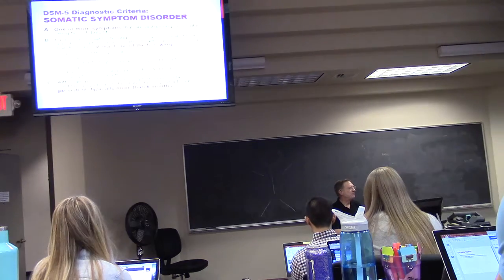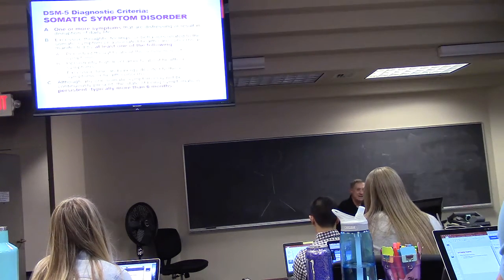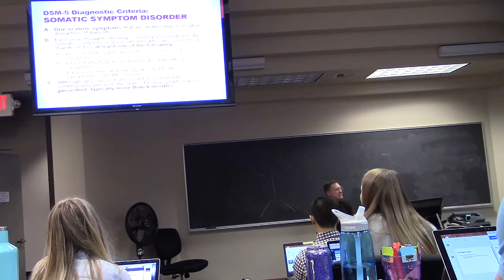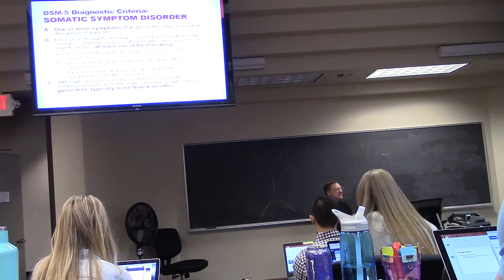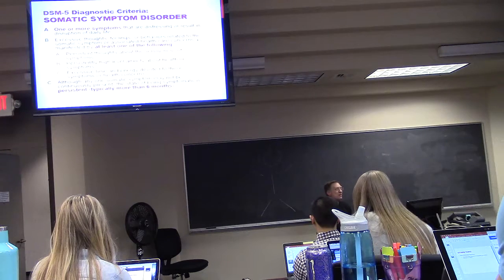So let's look at somatic symptom disorder. It's kind of interesting. Here are your diagnostic criteria. One or more symptoms that are distressing or result in disruption of daily life. So you've got to have one or more symptoms.